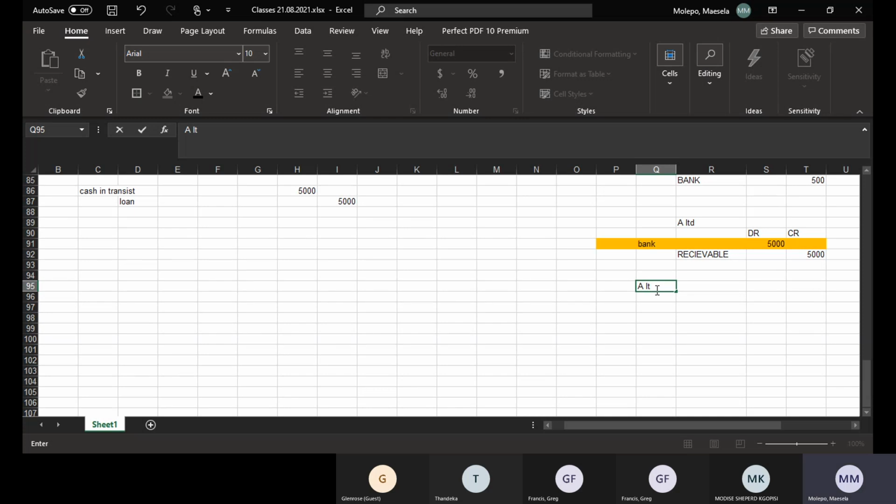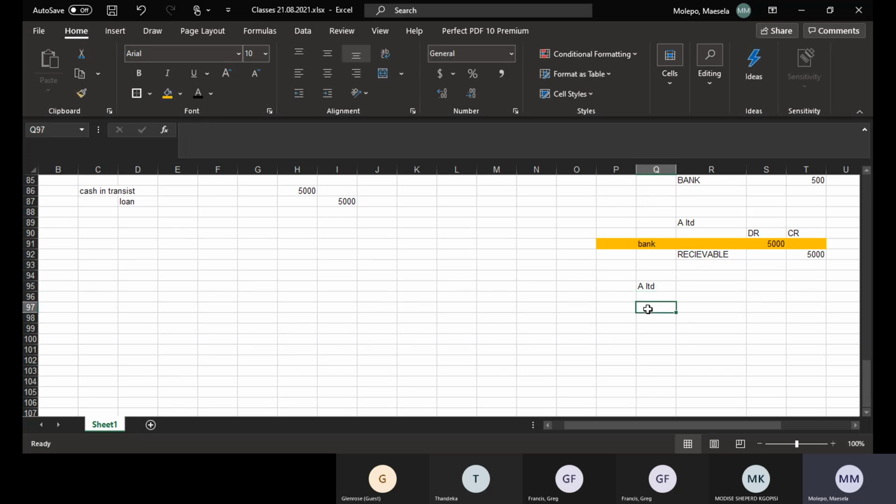So A Limited will be receiving the bills. So in his books, it will be on the debit side.